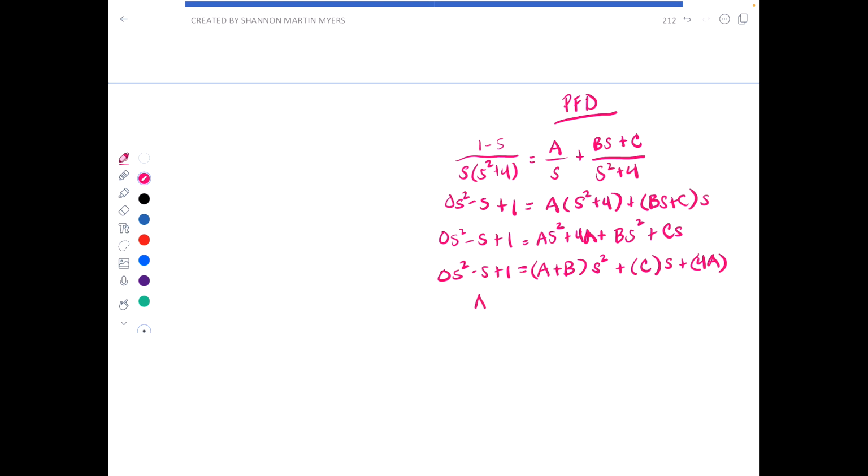So we get a plus b is 0. Again, that's from equating coefficients.